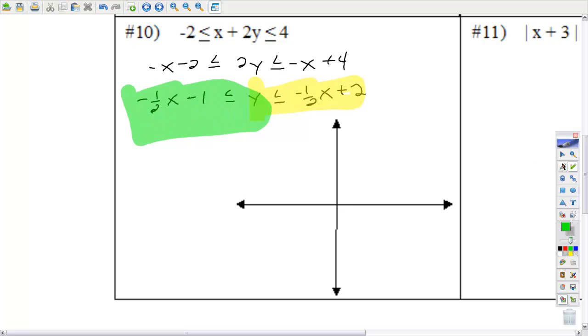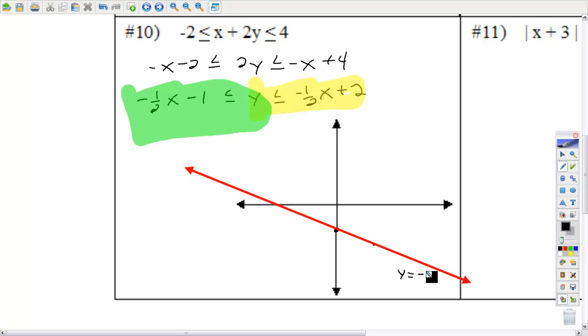And you shade accordingly. Looking at the green one, we have a y-intercept of -1. We have a slope of -1/2, down 1 to the right 2. So it looks something like this. It's solid because it's an equal sign. Write that down here.